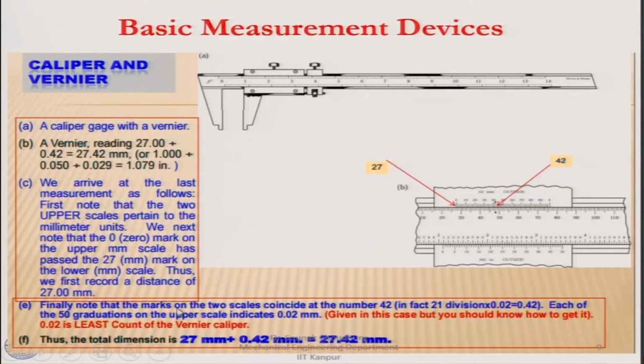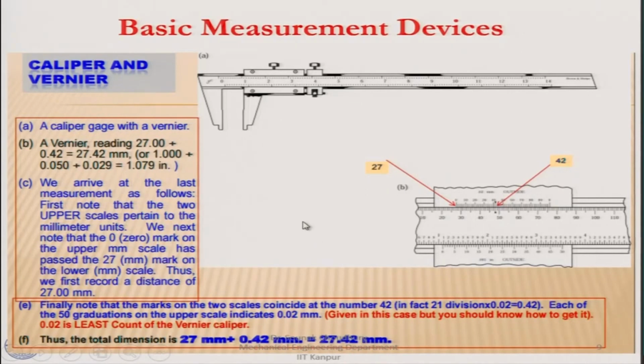Here it is written: note that the marks on the two scales coincide at the number 42. That means 21 divisions into 0.02, this is 0.42. Each of the 50 graduations on the upper scale indicates 0.02, and so this is given as the least count. So, this 0.02 is the least count, and whichever line is matching, this is 21, that would be multiplied by the least count. Therefore, the dimension shown here is 27 plus 0.42, which will be 27.42.